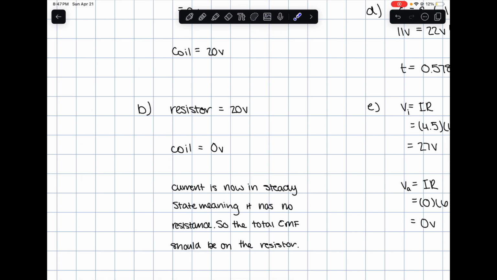Why is this? Well, once again, as I previously stated, the current is now in a steady state after several seconds have passed, meaning the coil has no resistance. So the total EMF should be across the resistor instead of the coil.